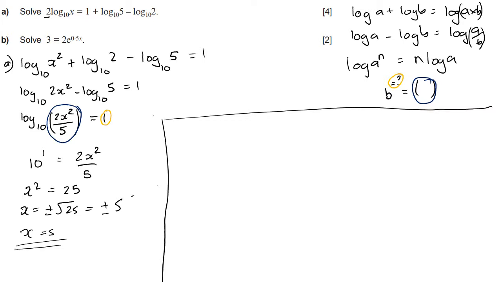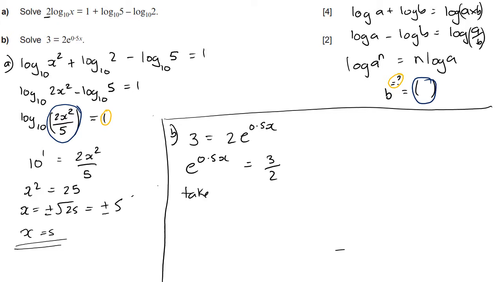And then for part B, it's a solving question where it would be solve 3 equals 2e to the 0.5x. Take the 2 over to the other side, so e to the 0.5x equals 3 over 2.